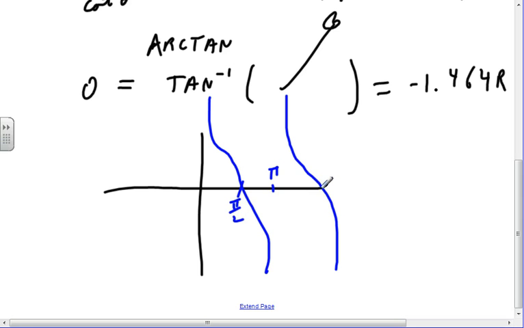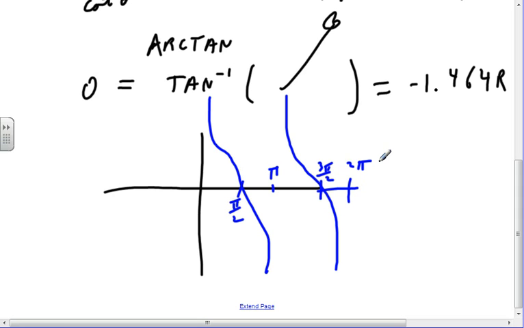This happens at 3 pi over 2. That happens at 2 pi. All right, now if I'm at minus 1.46 whatever radians, how am I going to get out of that?